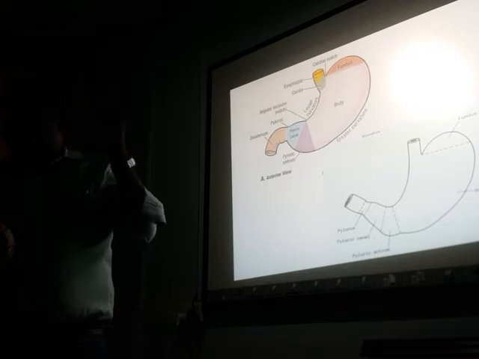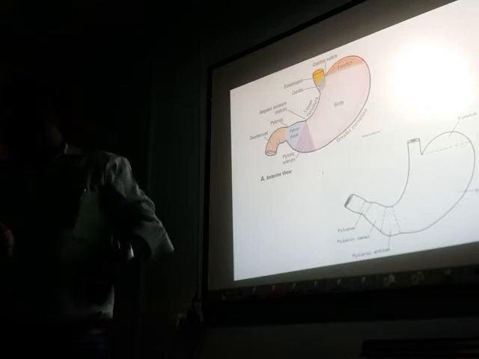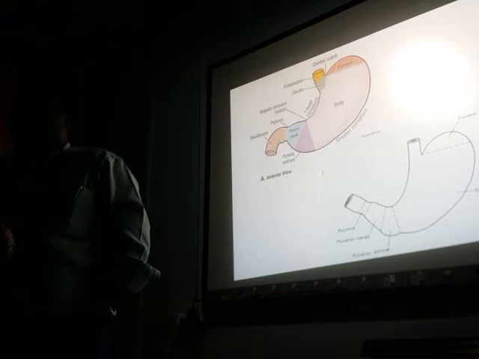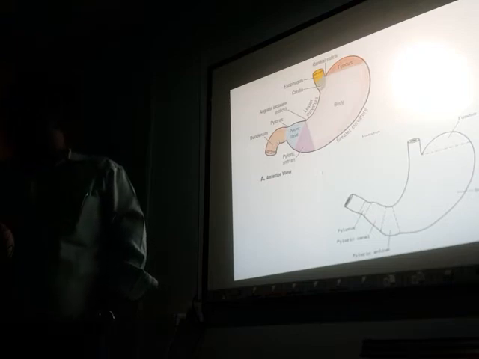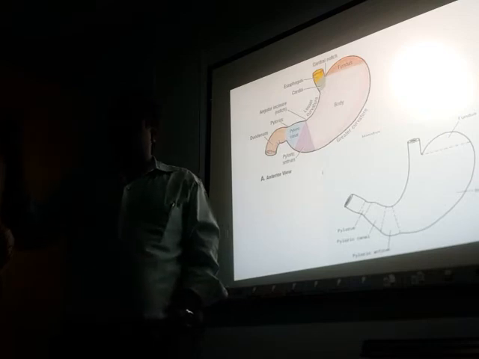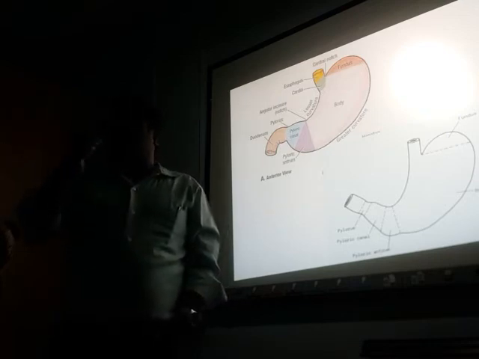That's why I am saying the esophageal end is more of a functional sphincter rather than an anatomical sphincter. It is only the functional or physiological sphincter. Are you following? When you observe structurally, you don't see any sphincter, but still it controls the orifice.